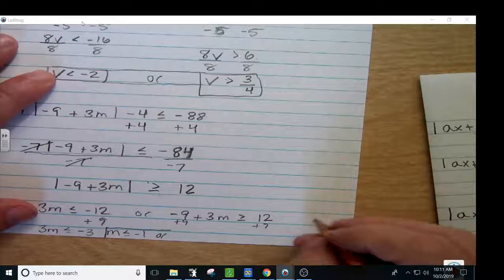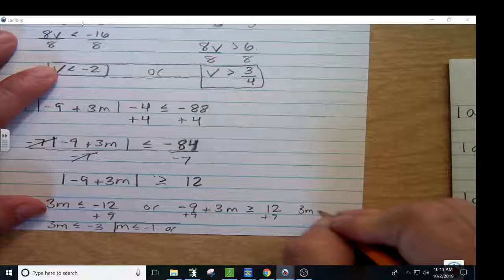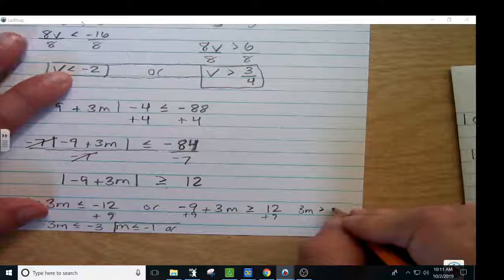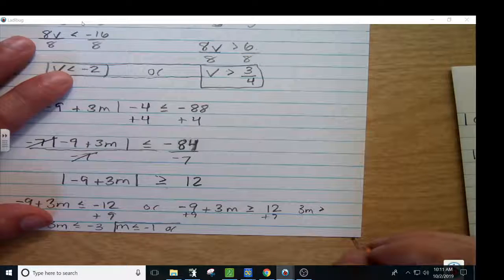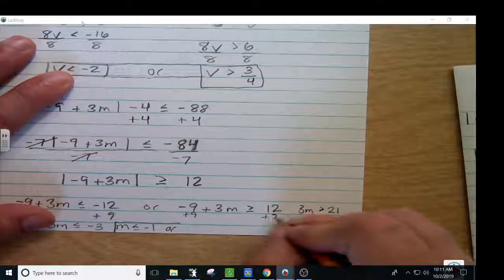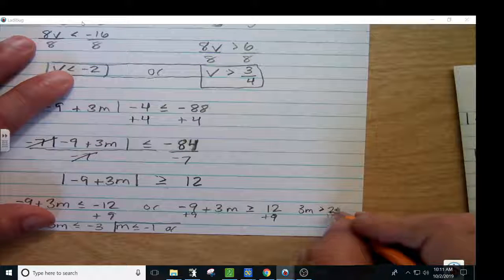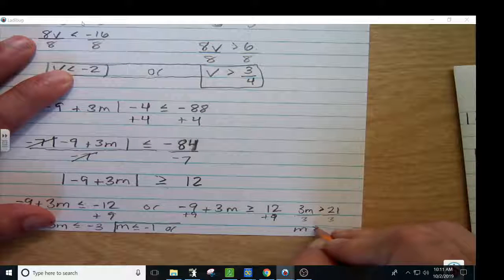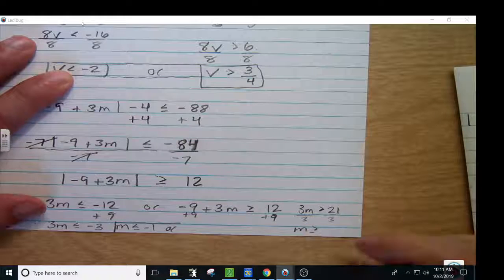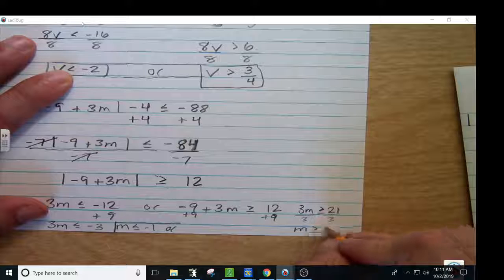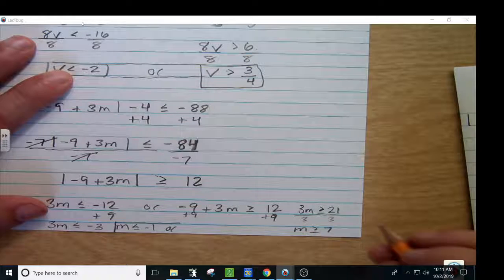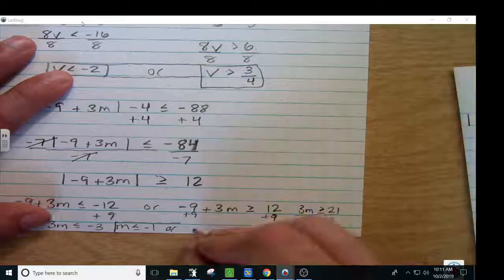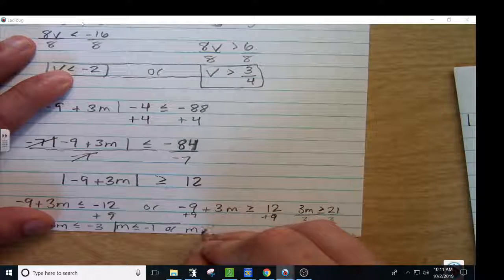I'm going to put this over to the side. 3m greater than or equal to, is that 19? No, 21. Oh, no. All right. Now divide by 3. All right, guys. So your answer will be m less than or equal to -1 or m greater than or equal to 7.